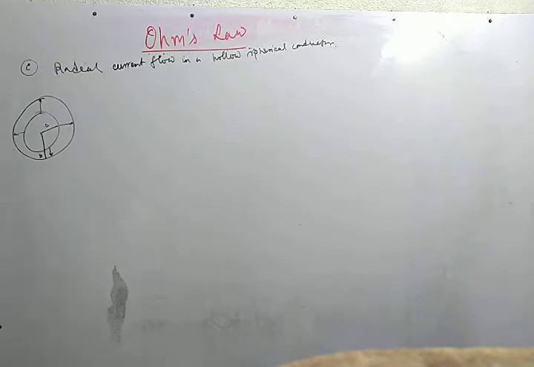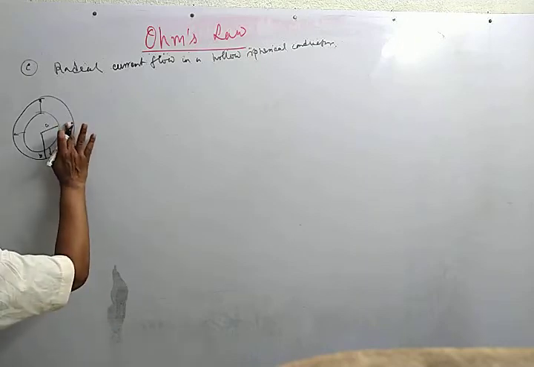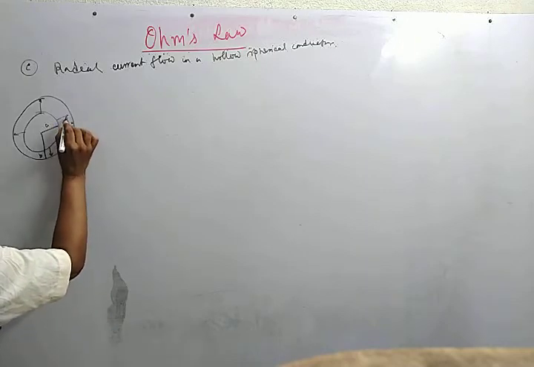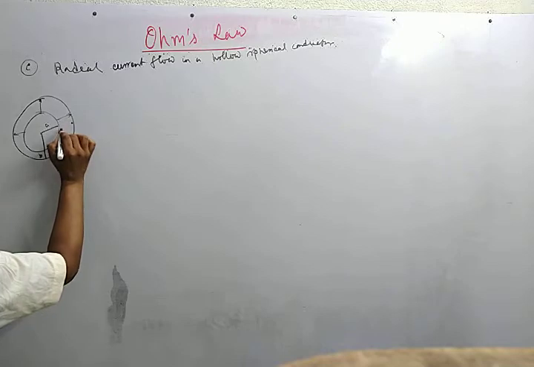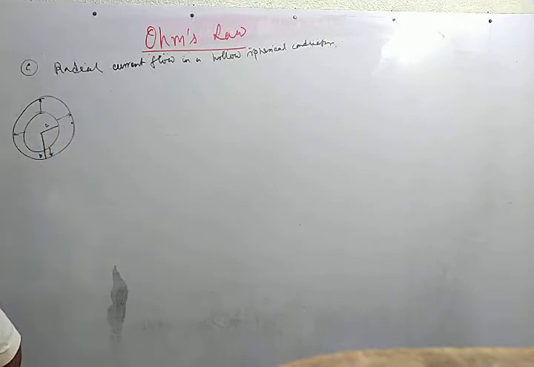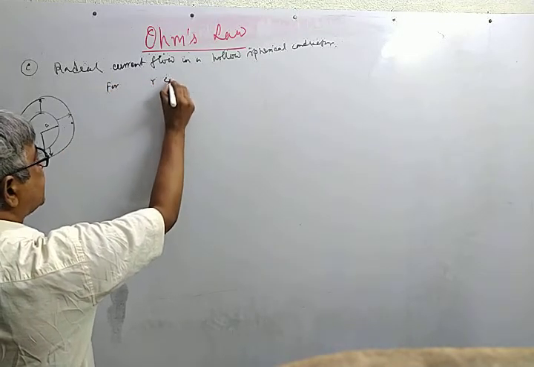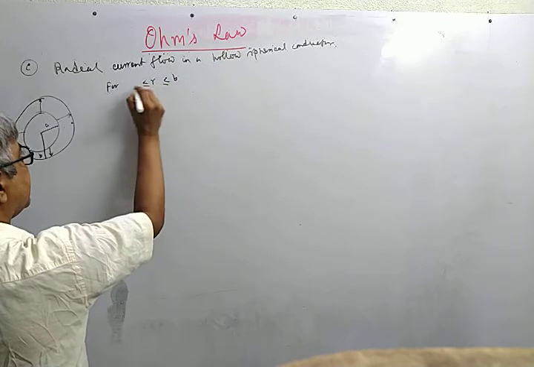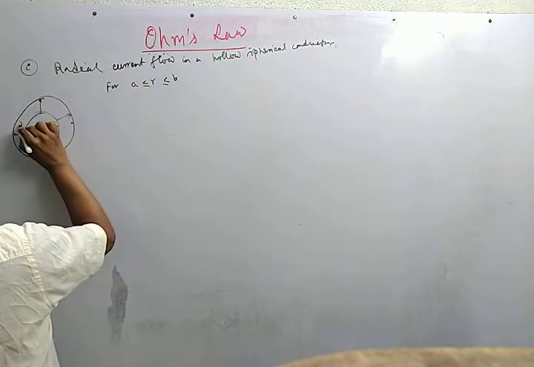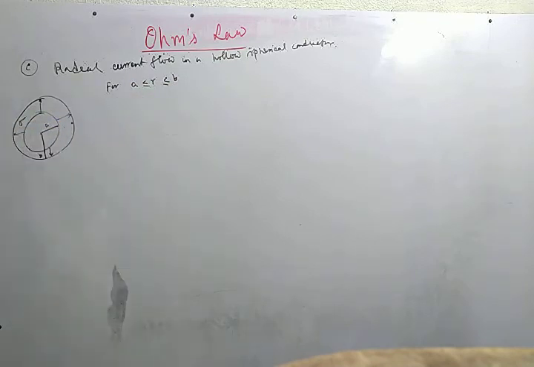First we consider the electric field. If we consider the electric field in this region, that is for r between a and b, a less than or equal to r less than or equal to b, that is within the material having conductivity sigma, we can find out the electric field using Gauss's theorem.